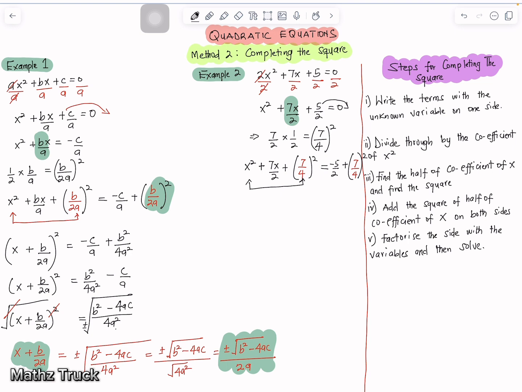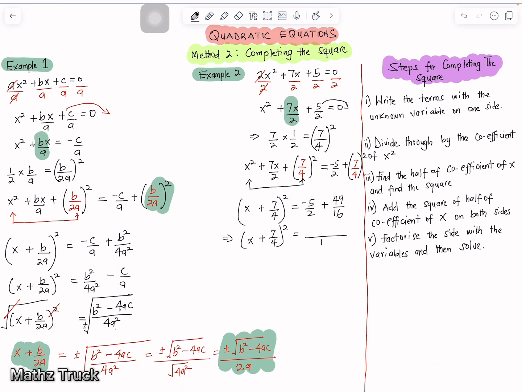So this is going to give us x plus 7 over 4 all in one bracket equals, we have negative 5 over 2 plus 7 squared over 4 squared. That will give us 49 over 16.